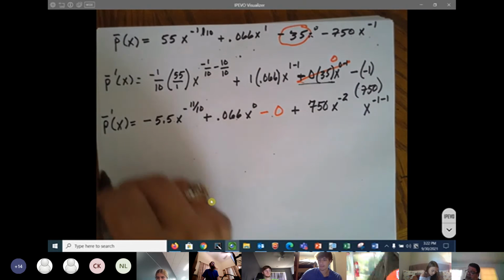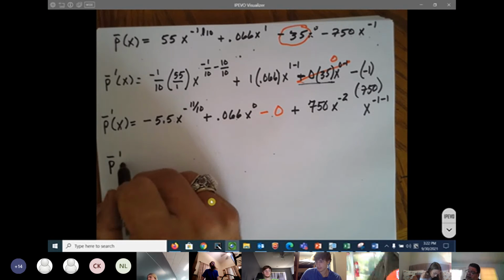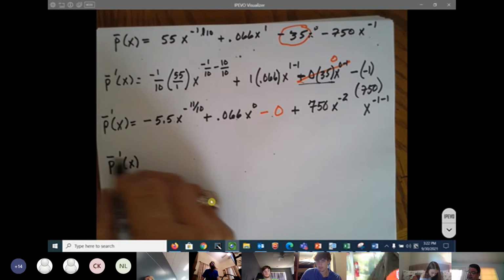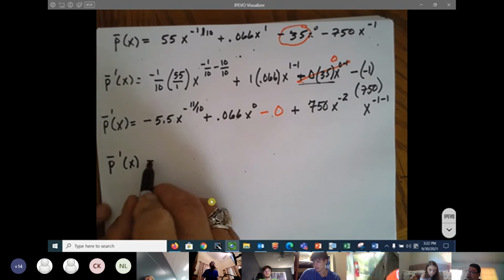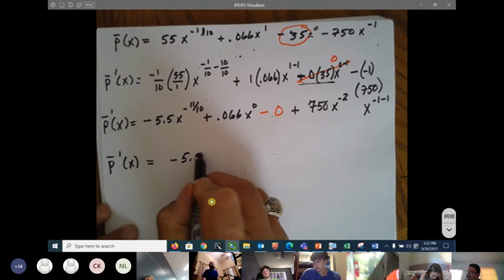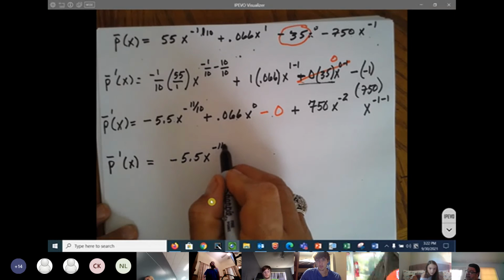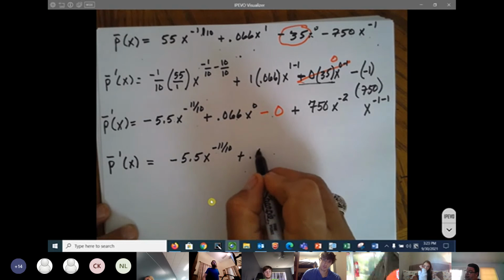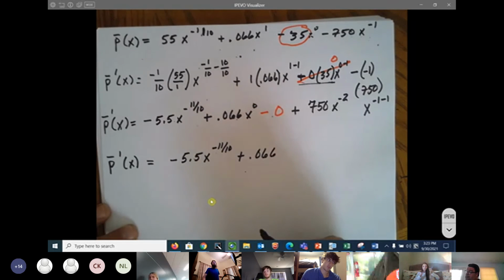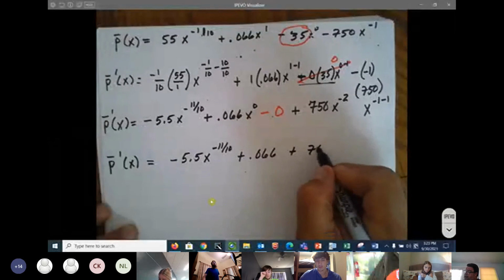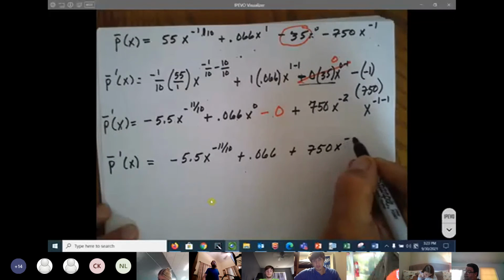So the rate of change for the average profit is equal to negative 5.5 X to the negative 11/10 plus 0.066 plus 750 X to the negative 2.